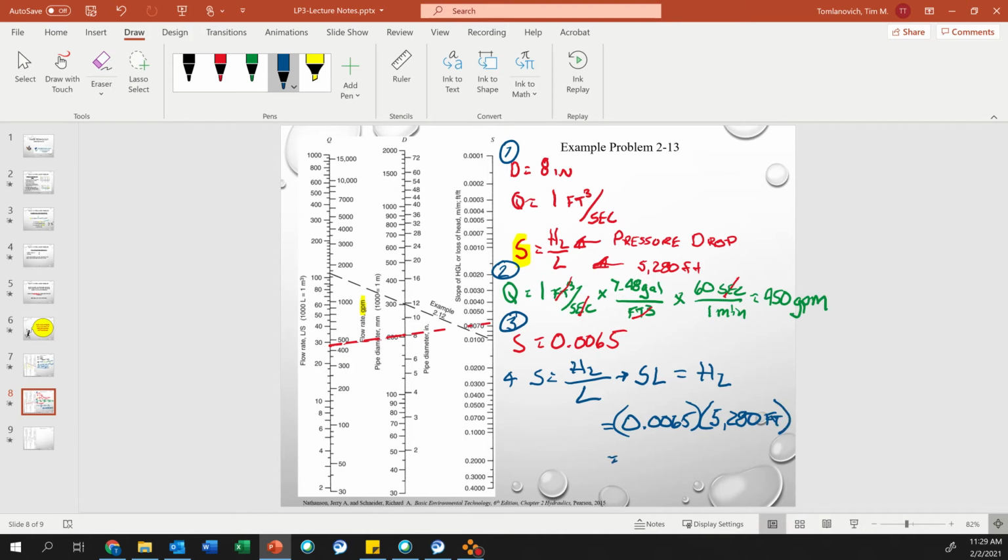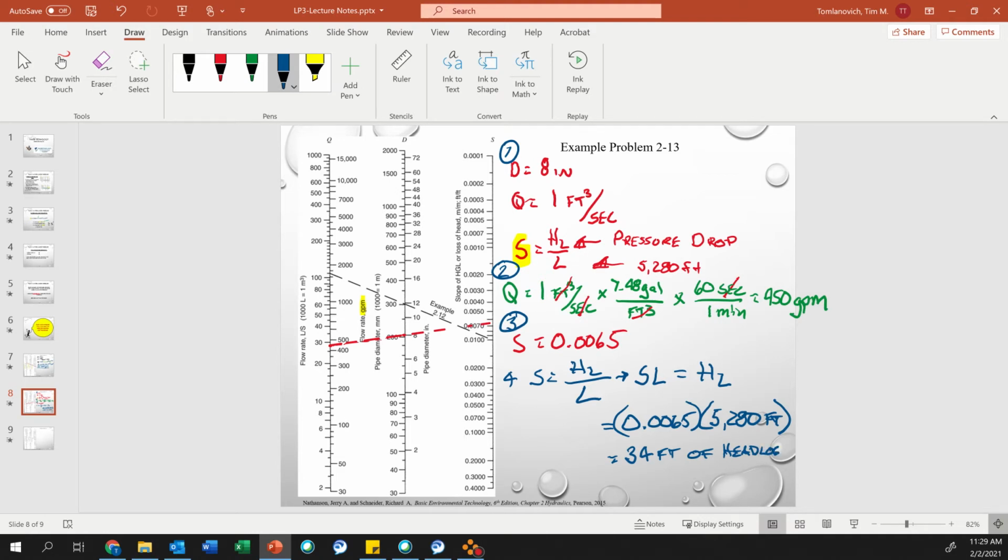So 0.0065 times 5280, and I get 34.32 feet. So about 34 feet of head loss per mile of pipe.